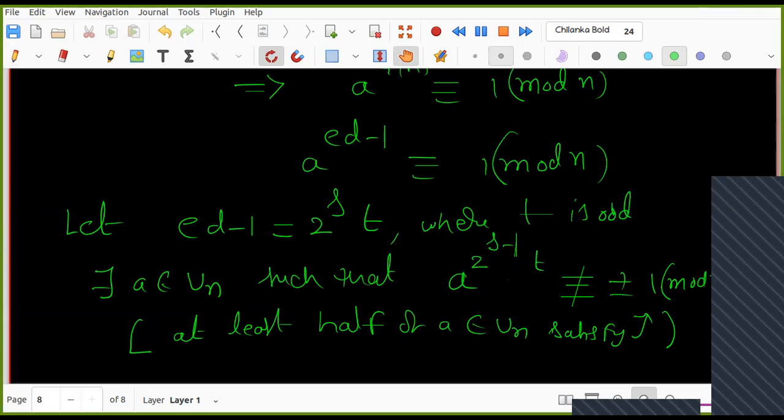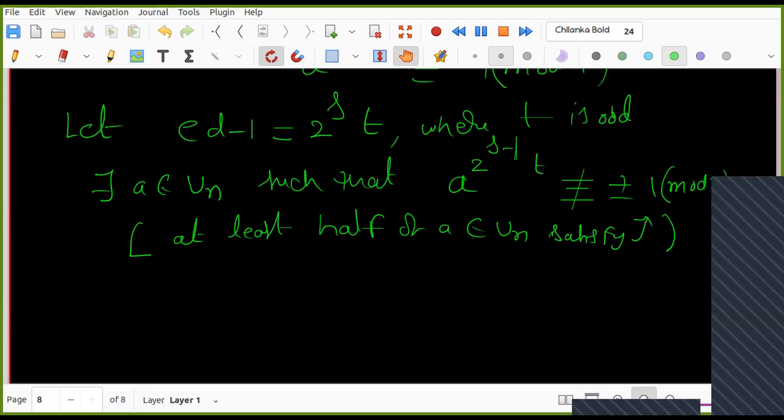So you can check this. At least half of them will not satisfy. That means at least one a in U(n) will be there such that a power 2 power s minus 1 into t is not congruent to plus or minus 1 modulo n. If not, you can take it as an exercise and try this.